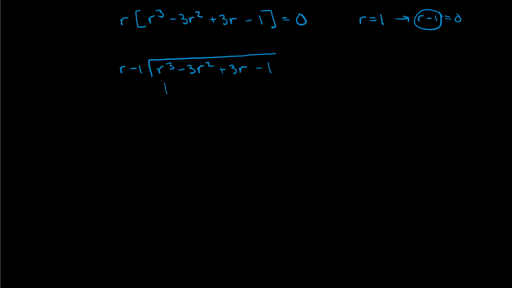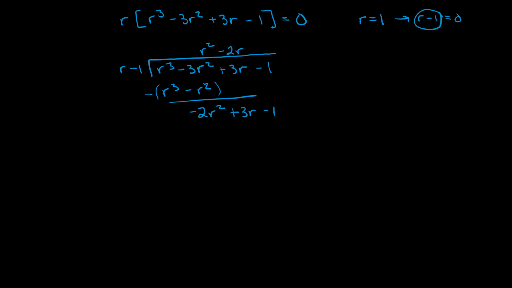I want to make the lead term in my divisor look exactly like r cubed. So I'll multiply by r squared, which will give me r cubed minus r squared. I'm going to subtract this. The r cubes will cancel. We have a minus 3r squared plus r squared gives us a minus 2r squared plus 3r minus 1. Once again, we want to multiply our divisor by something so it looks like a negative 2r squared. We'll multiply by a minus 2r.